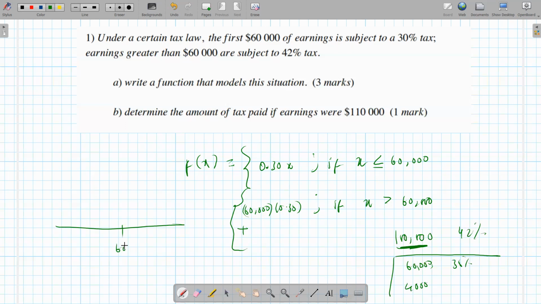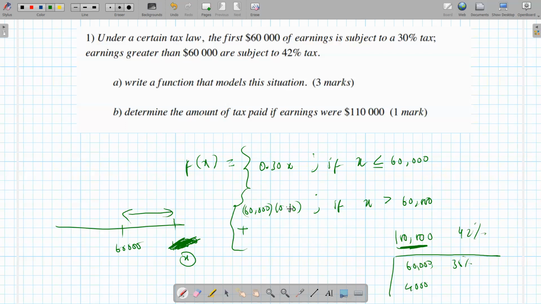Like if this is 60,000, let's say you make 100,000. Now this is your x. What's this value in terms of x? Oh, like 40,000. Yeah, but what if it was x? X minus 60,000. Okay, so if we were just to try to find the remainder? Yeah, exactly, the remainder.